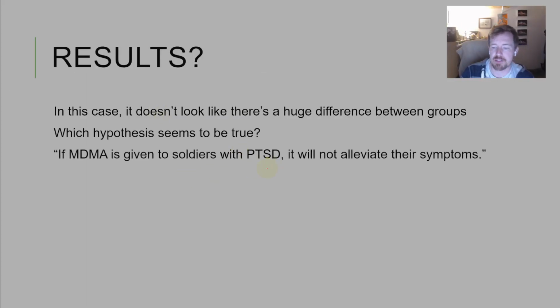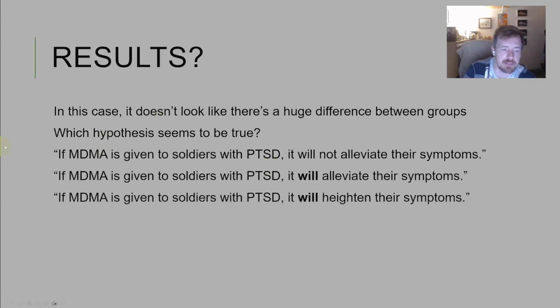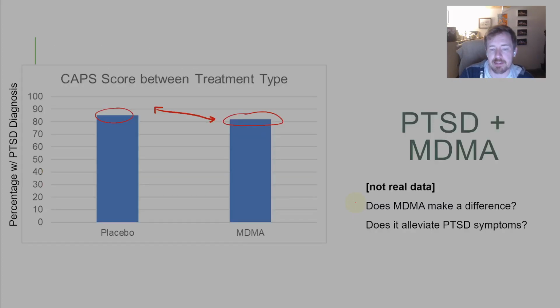So which hypothesis seems to be true then? If we're looking at these, if MDMA is given to a soldier with PTSD, will it not alleviate their symptoms, or do you think it's going to be one of these others, that it will make it lower or make it higher? Looking back at this, I don't think it makes that much of a difference.